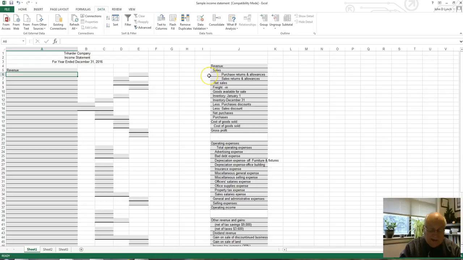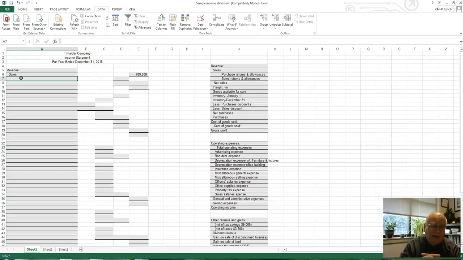Now, revenues are made up of sales. In the sales, you can have various sales. We're going to make it $789,500 in our example. But sales can be broken down into various aspects, such as men's clothing, appliances, women's clothing, shoes.